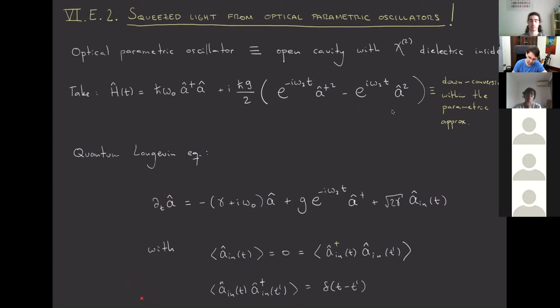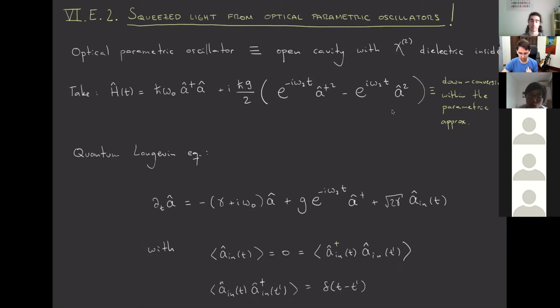And in any case, this is just some quantum Langevin equation that can be satisfied by some kind of open system, okay? And it is not super relevant for what I am going to explain. It's just interesting, just so you know that it can be implemented in the laboratory. And as I said, this kind of source is the kind of source that we use in the LIGO experiments in order to generate squeezed light that we use for the interferometer to improve the signal to noise ratio, okay?